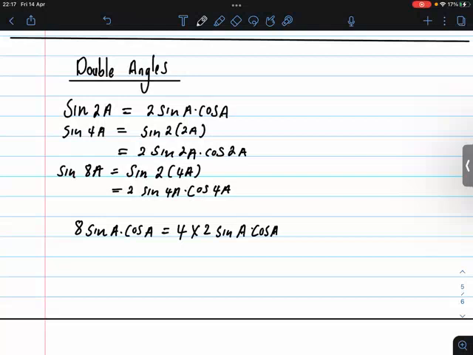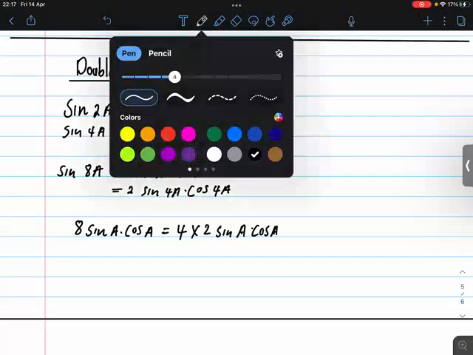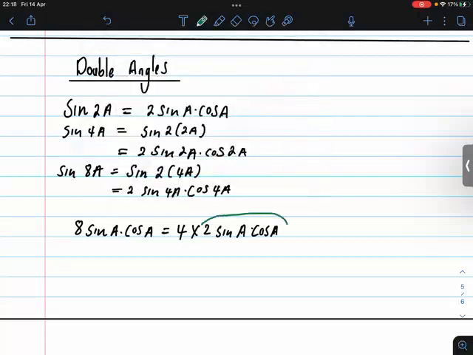And then you can clearly see this gentleman here. What is 2 sine A cos A? It's a double angle identity, which is sine 2A. That means this is the same as 4 sine 2A.